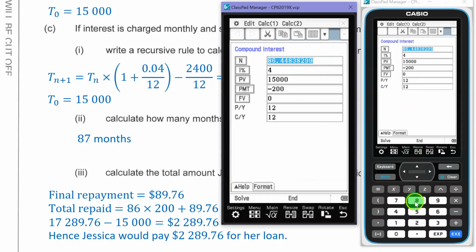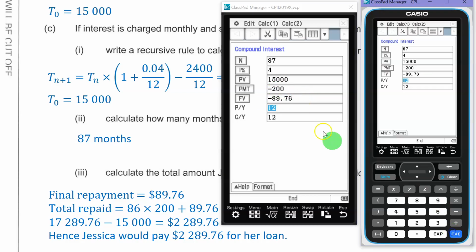To work the final repayment out, I tend to change n to 87, and calculate what the future value would be. Now this is positive $110.24. So that's an overpayment. So if I then take the final payment off, what I really should have paid at the end is $89.76. So there's my final repayment.